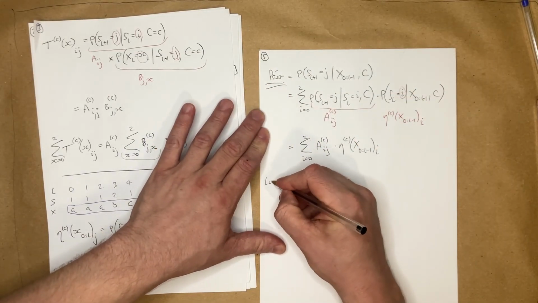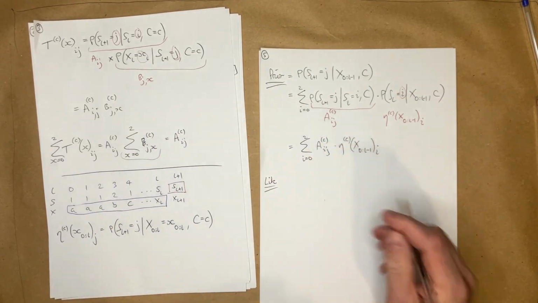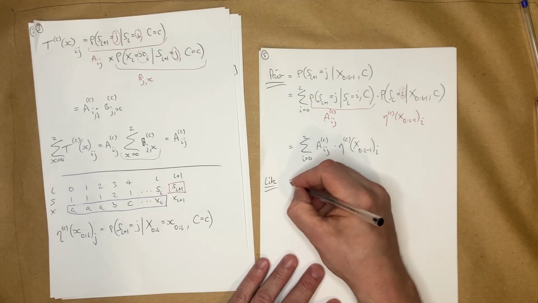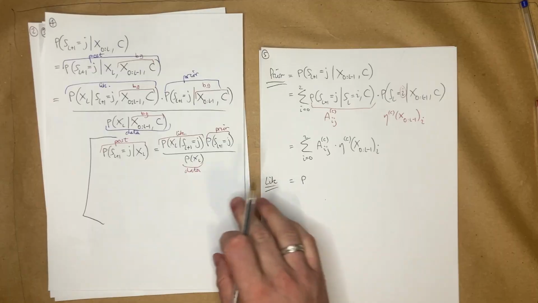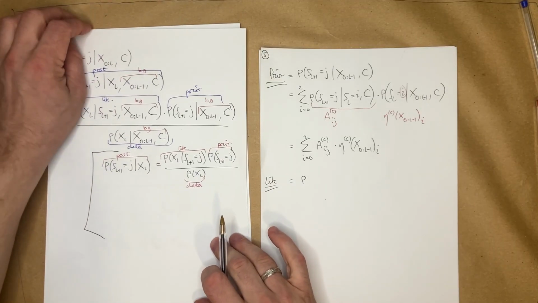The next one is the likelihood. And that is equal to, let's see, let's get our really messy expression of Bayes' theorem back.